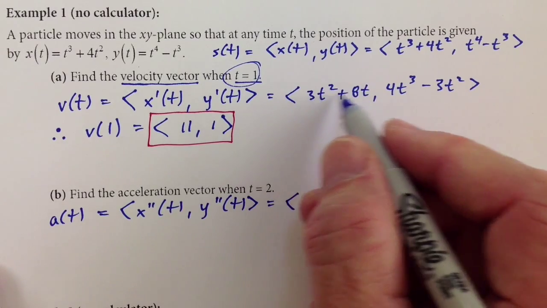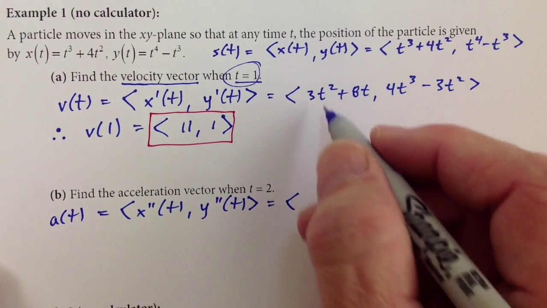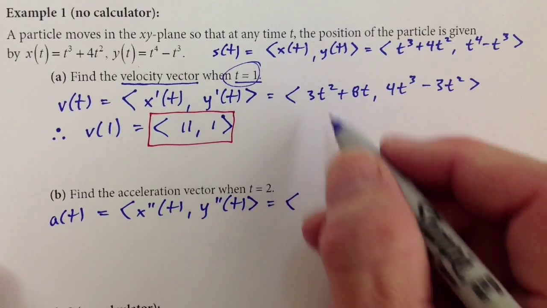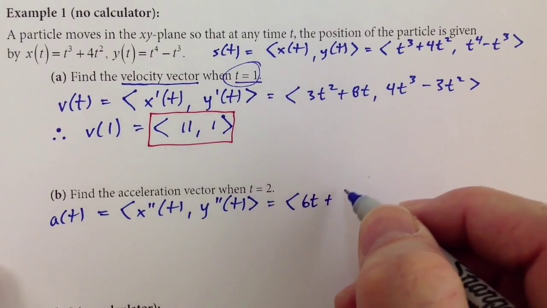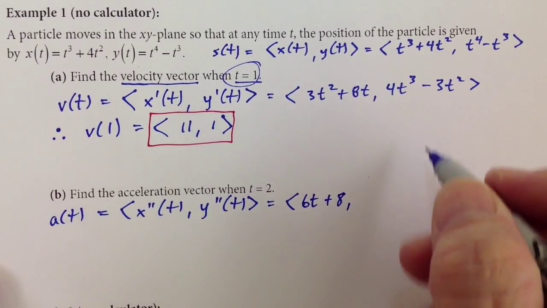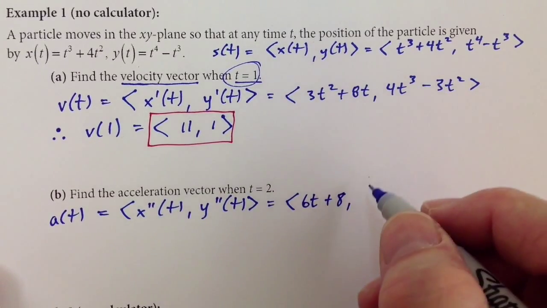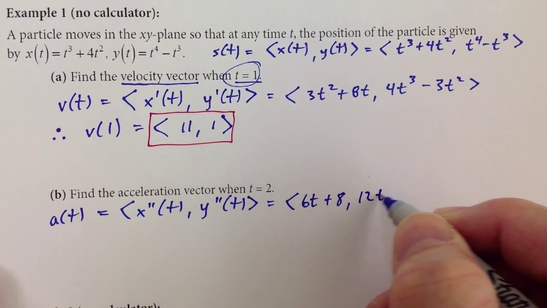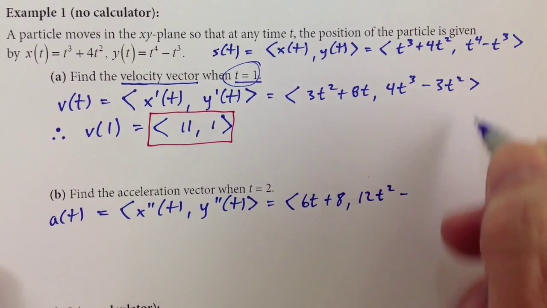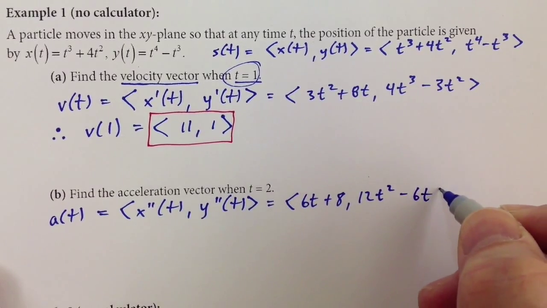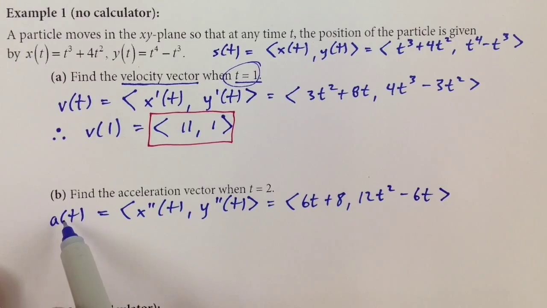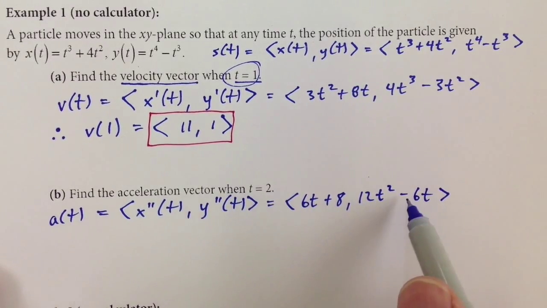So the derivative of this would be: the derivative of 3t squared is 6t, plus the derivative of 8t, which is 8. The derivative of 4t cubed is 12t squared, minus the derivative of 3t squared, which is 6t. Okay, so that's the acceleration vector.